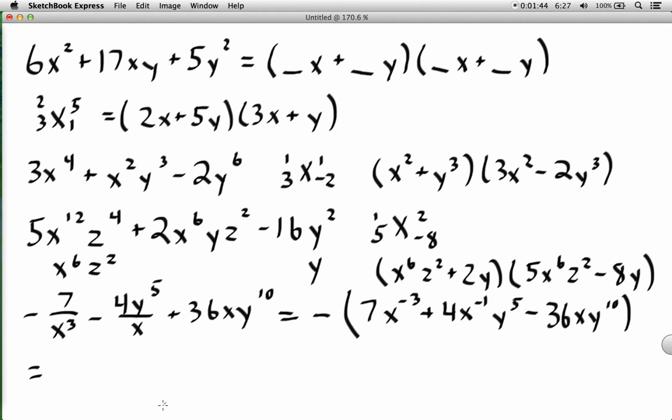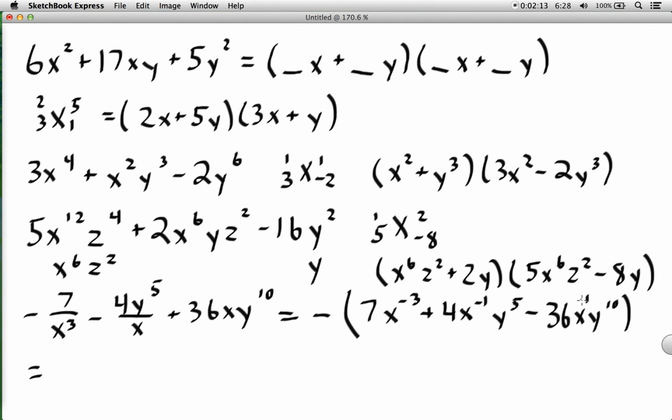Okay, factor from here. What do we see? We have x to the negative 3, x to the negative 1, and just x to the first. So negative 3, negative 1, and 1 are all 2 apart, which is good because that means we will eventually end up factoring the x's. But the first thing we want to do is get rid of negative exponents. So to do that, we're going to get this one up to the highest non-negative, which would be 0.